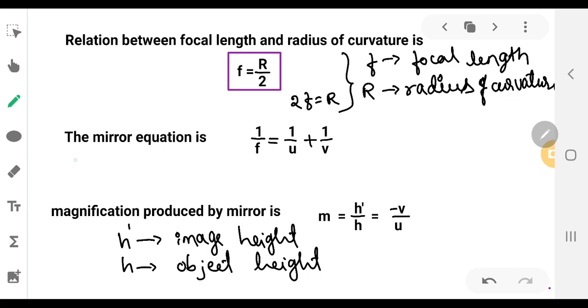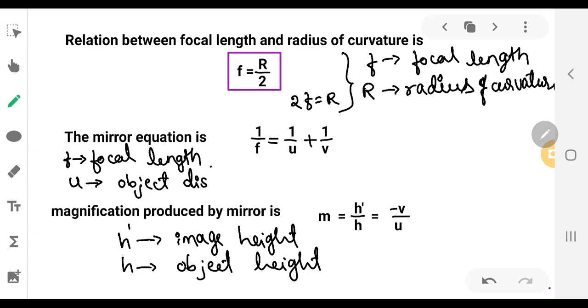So in this mirror equation, f is focal length, u is object distance and v is image distance.